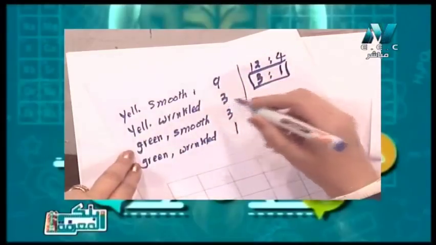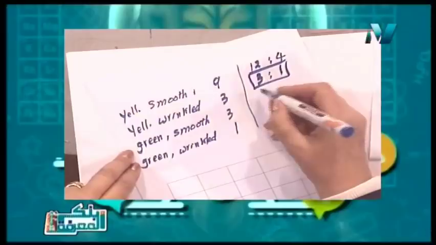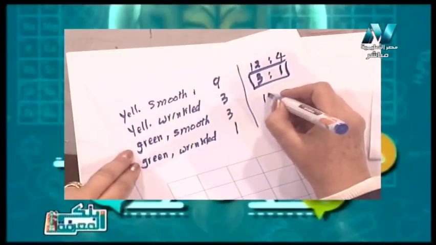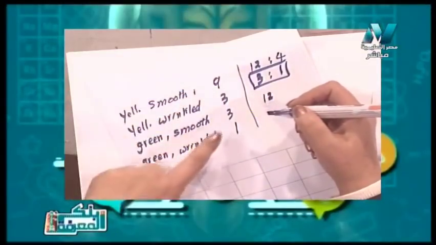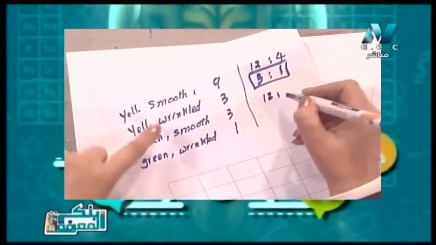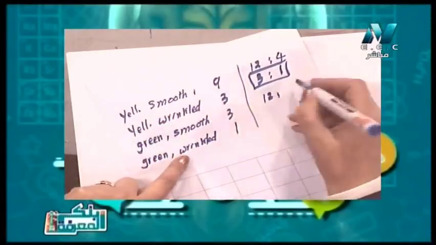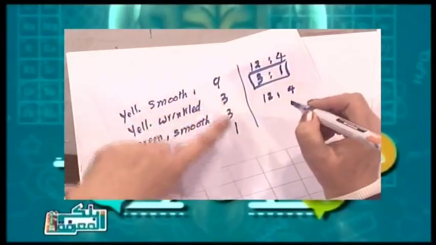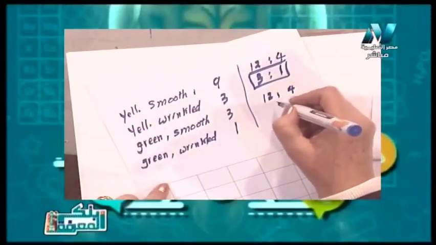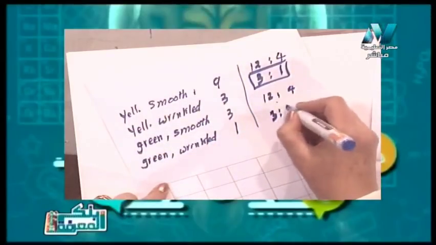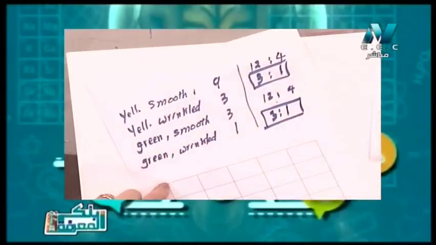And in terms of the second character, smooth, they are 12, 9 and 3, they are 12. And the wrinkled seeds, they are also 4. So they represent the 3:1 as the first law. So this is the law of independent assortment.